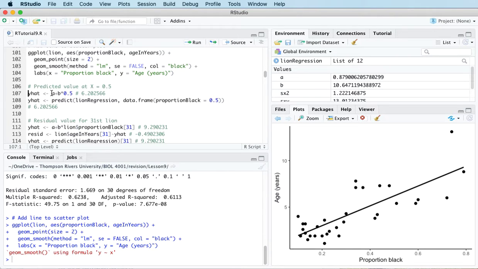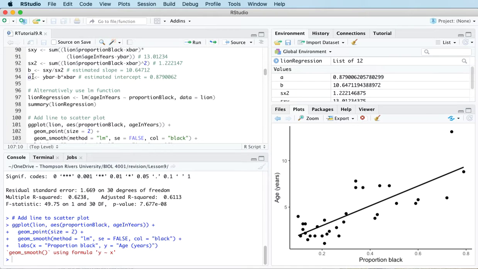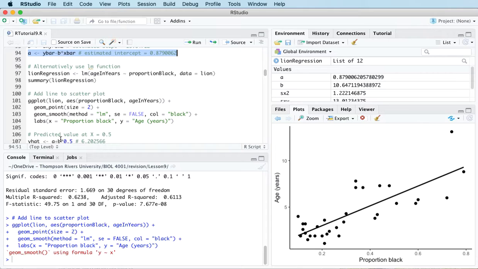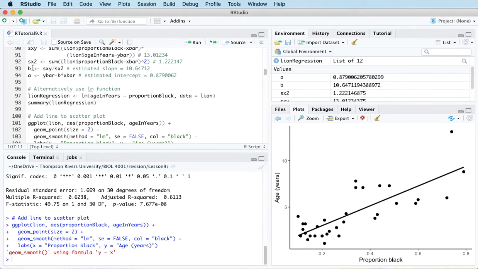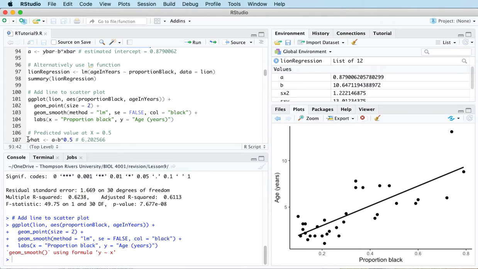So we can do this kind of longhand. Remember, a was the estimated intercept, and then b was the estimated slope. And so we could use the regression model equation to predict the value of age at proportion black equal to 0.5.